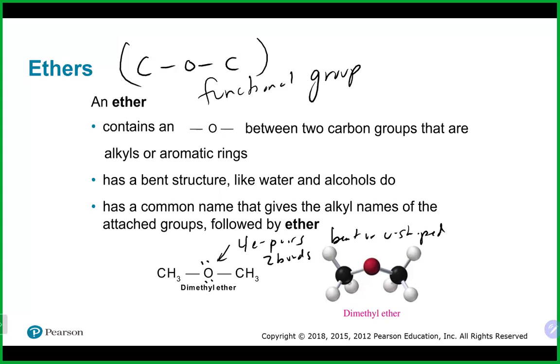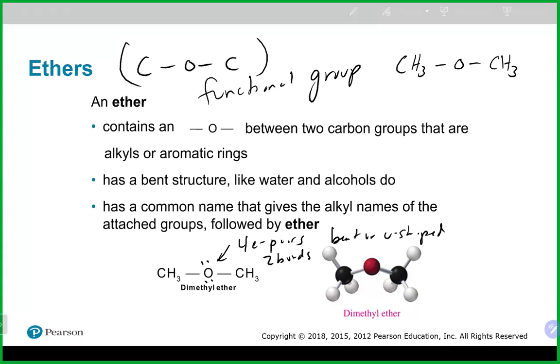There are different ways to name ethers, but I believe your book goes with this, so we will go with it. They use more of a common name approach instead of the IUPAC name, so we will go with that as well. So common naming of ethers is not too bad. You basically just look at the oxygen in the middle of the functional group.